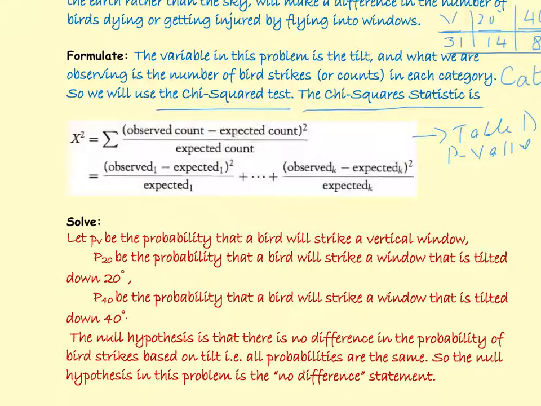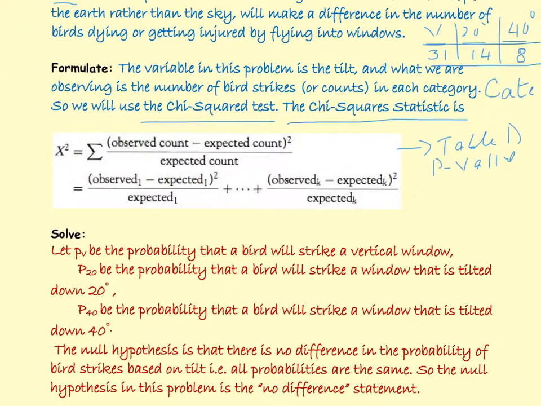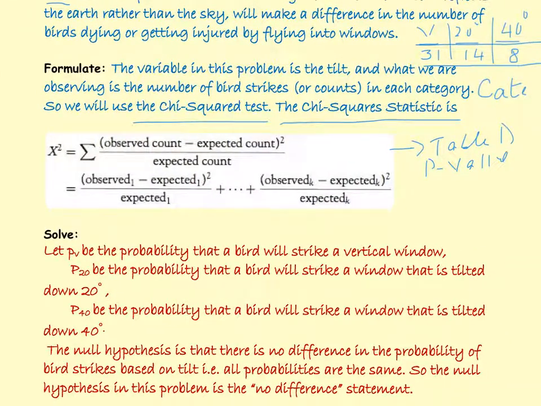So the formula that we're going to use, let's just write it down first because that gives us a start. The formula tells us what we need in order to find the chi-squared statistic, which will give us the p-value and hence the evidence or the lack of it to make a conclusion.